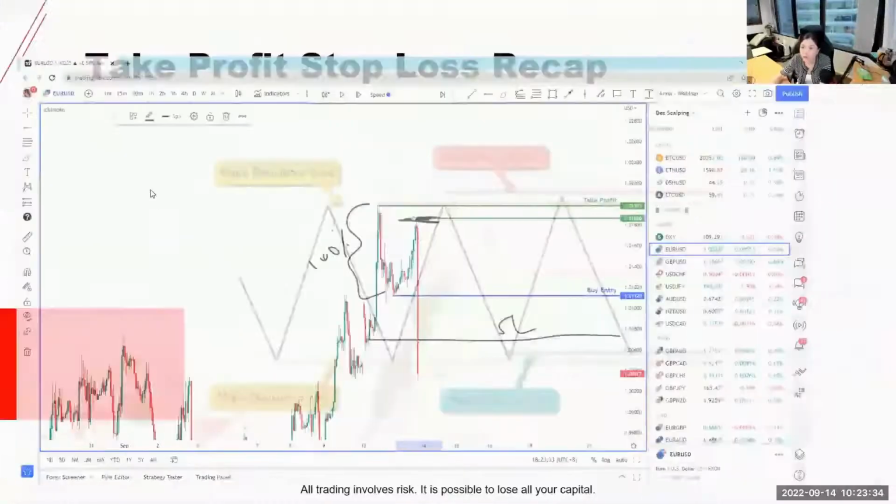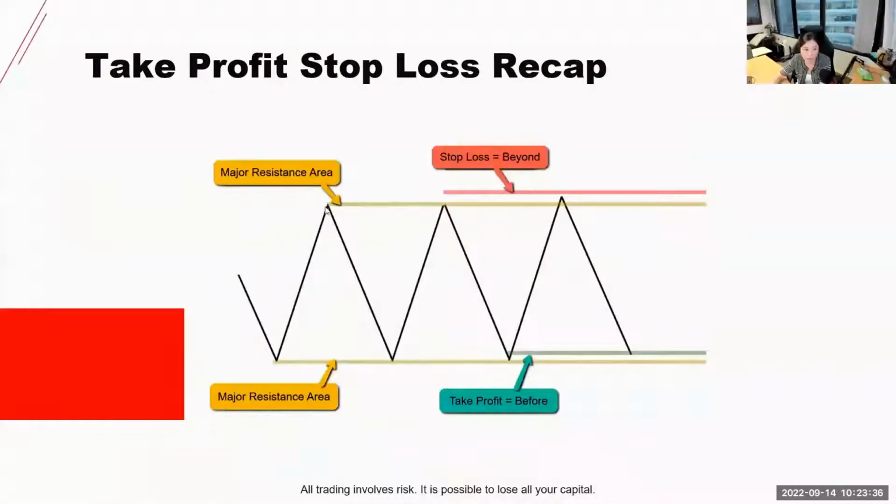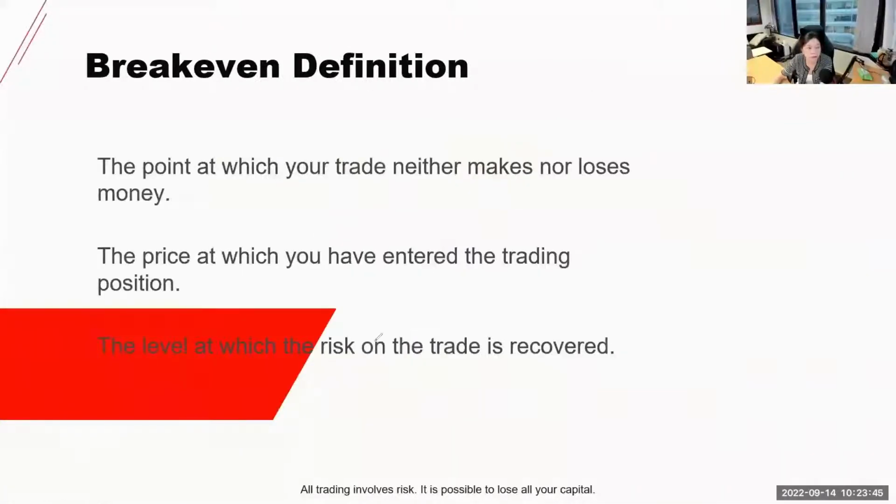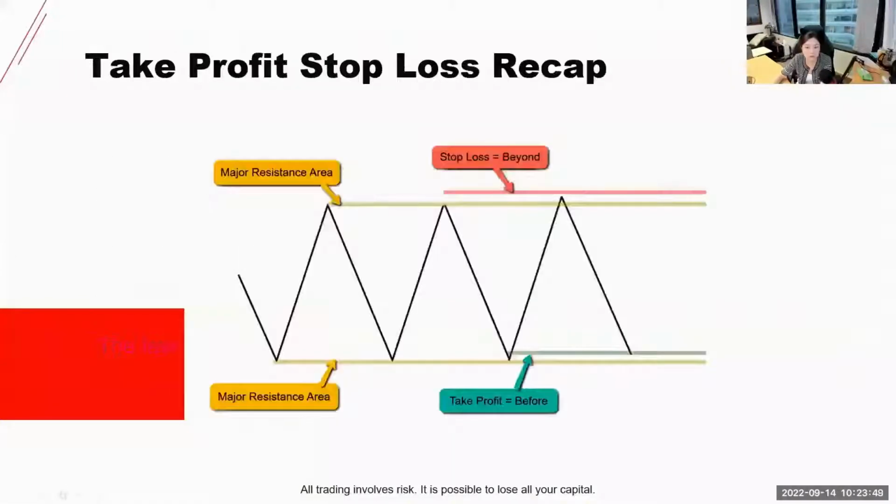Like I've mentioned, you always want to take profit before, slightly above, depending on whether you are doing a long or short position. Because if you are long, you take before, correct?